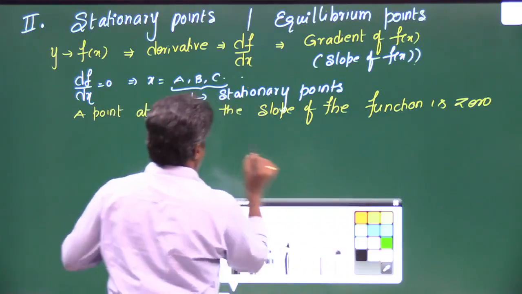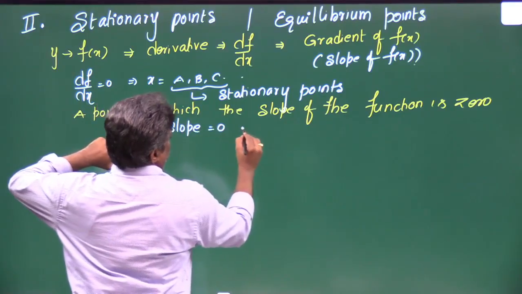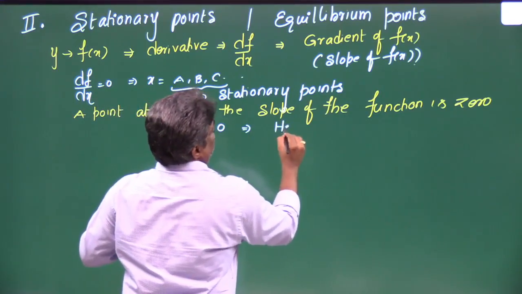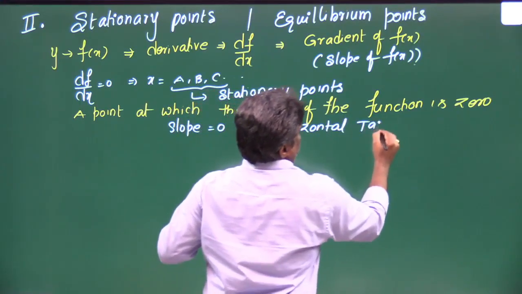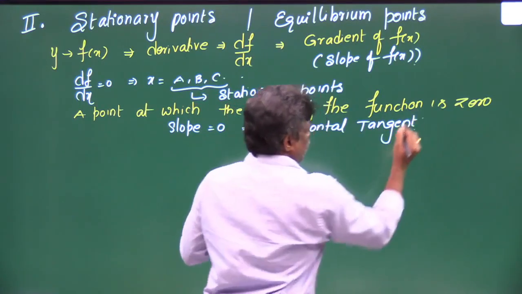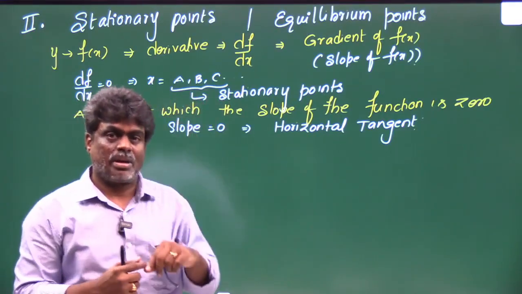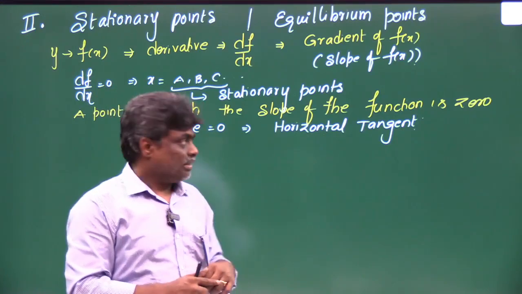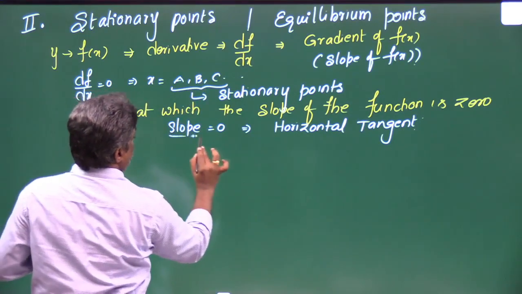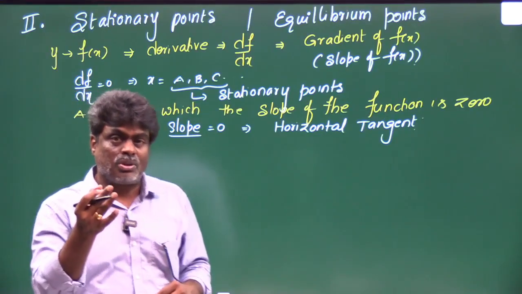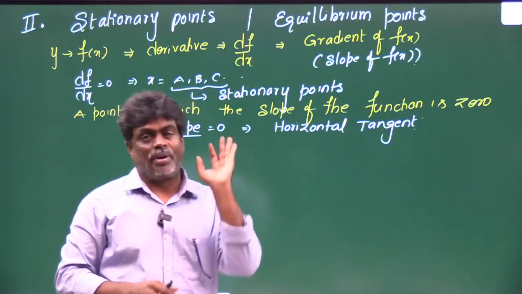Whenever you say slope is 0, that implies it is simply a horizontal tangent, because the horizontal axis, the x-axis, has slope 0, but the y-axis slope is infinite. Anyhow, graphically the derivative is nothing but the slope, and if the slope is equal to 0 at a particular point, that point is called a stationary point.